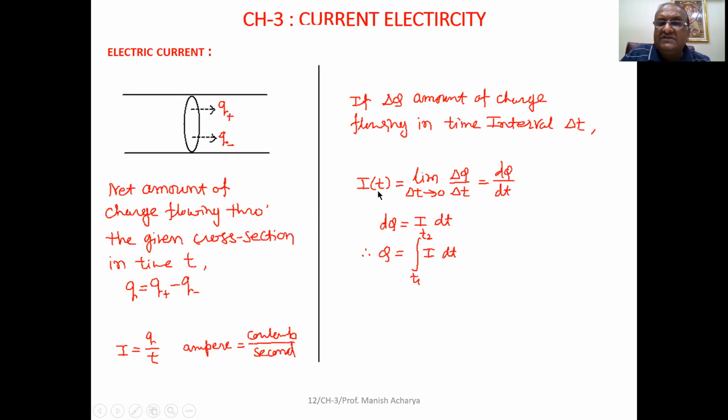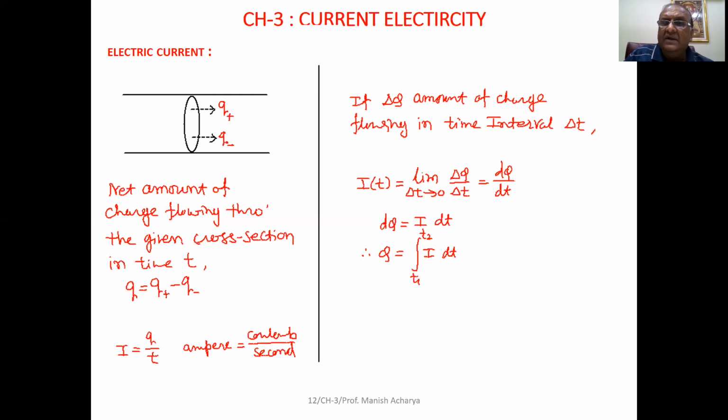So instantaneous current is the rate of flow of charge at that particular instant. We can write the equation of current I at any time t as dq by dt.